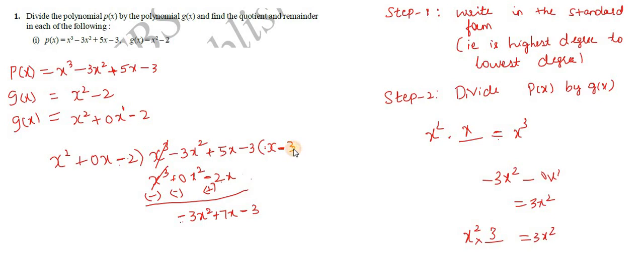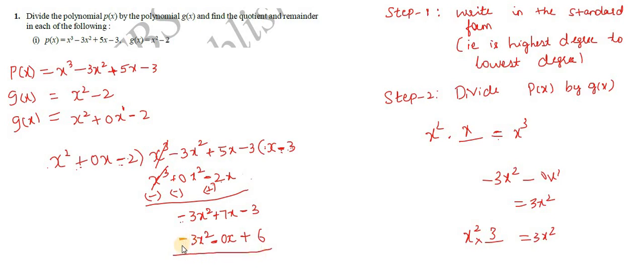So here 3 into x square, and here negative is there, so it is negative 3x square. Negative into positive, minus 3 into 0, 0x, then minus into minus, plus 3 into 2, 6. Now change the signs.